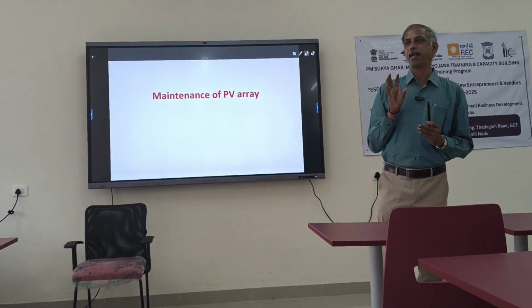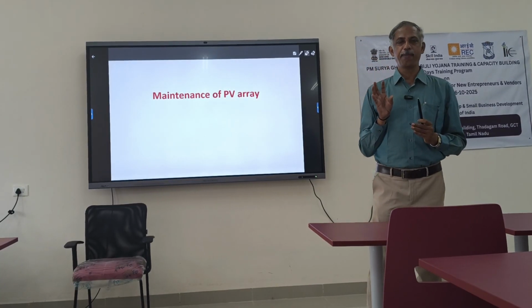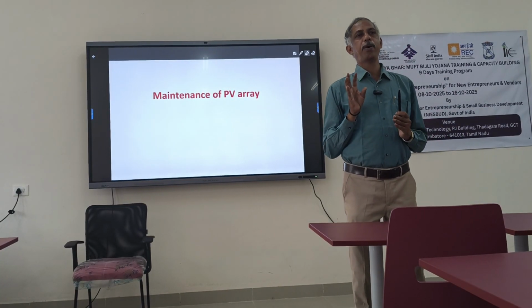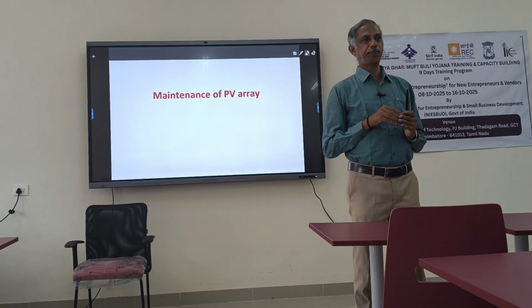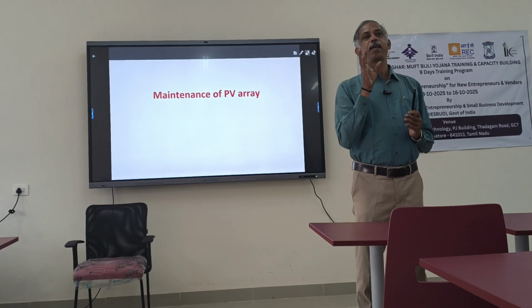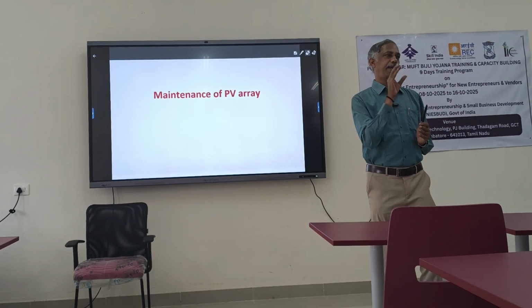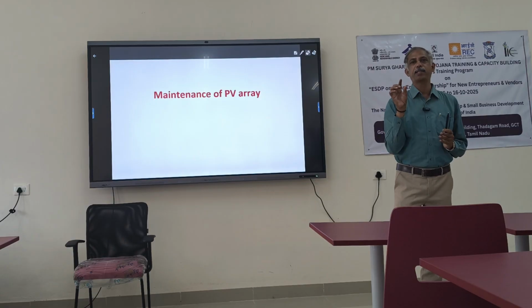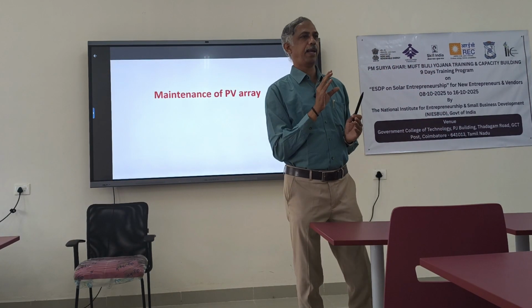You might have studied the maximum power transfer theorem in circuit theory. When is power transfer maximum as per circuit theory? When load resistance is equal to source resistance. Here the source resistance is dynamically varying because the characteristics vary: V varies, current also varies, so V by I dynamically varies.